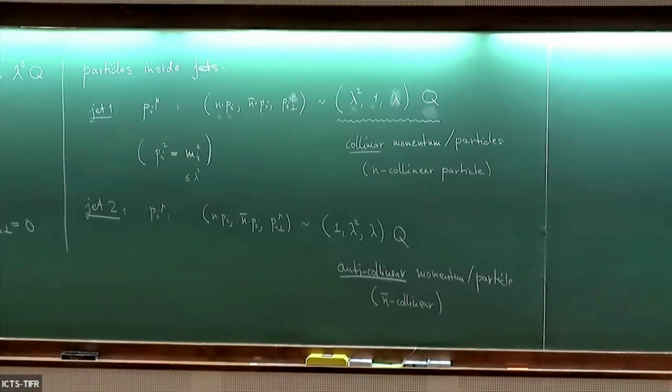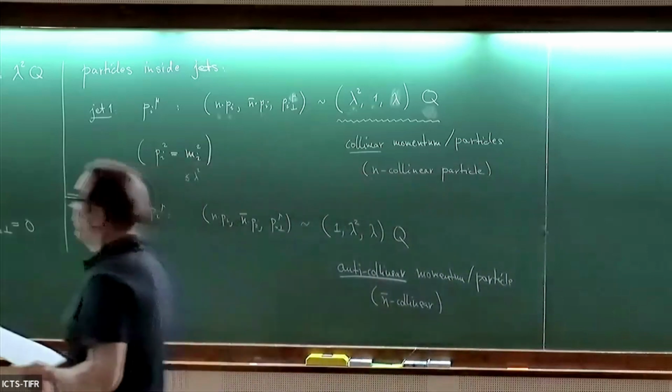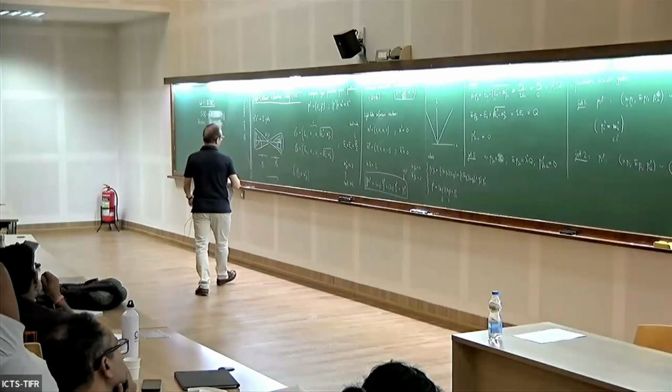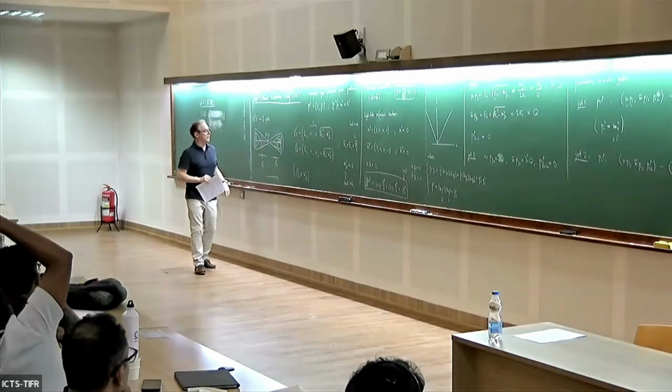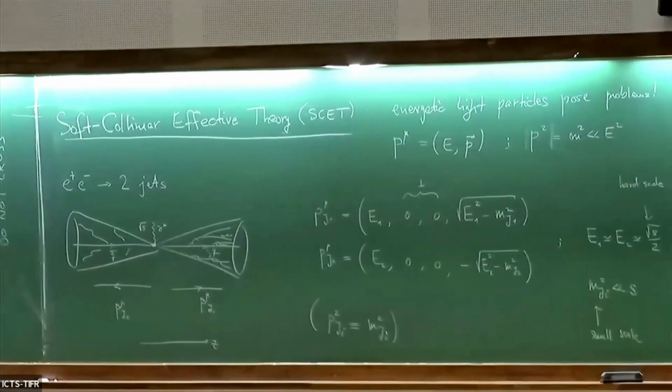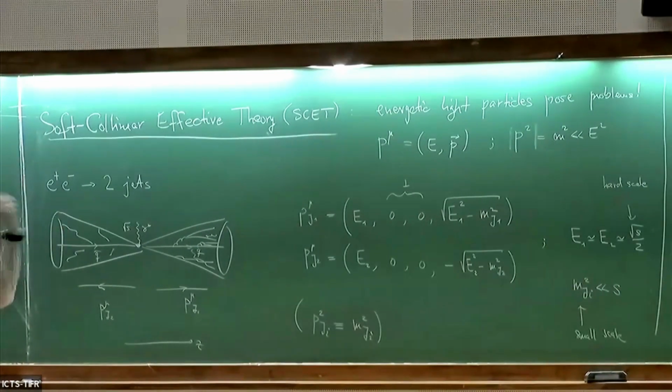So here now, basically what I have decided is that in this process, I'm going to call all the particles in this jet collinear, all the particles in that jet anticollinear, which means these particles are boosted. They carry large energy in a certain direction. That's what makes them jets.